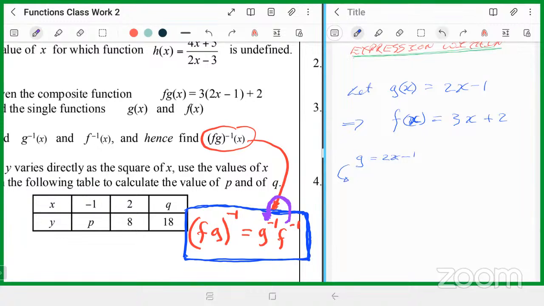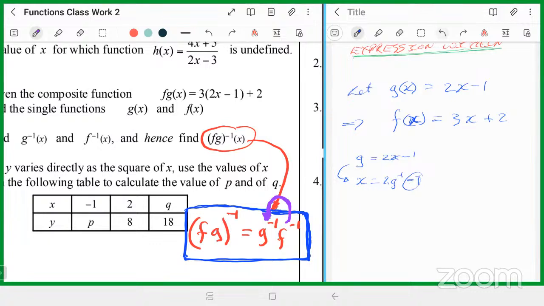The g becomes x, and the x here becomes g to the minus 1. So now it's 2 g to the minus 1 minus 1. So we're trying to make this g to the minus 1 the subject now. So we're going to take this negative 1, bring it on this side and add it, and then take the 2 as a multiplier and divide it on the here.